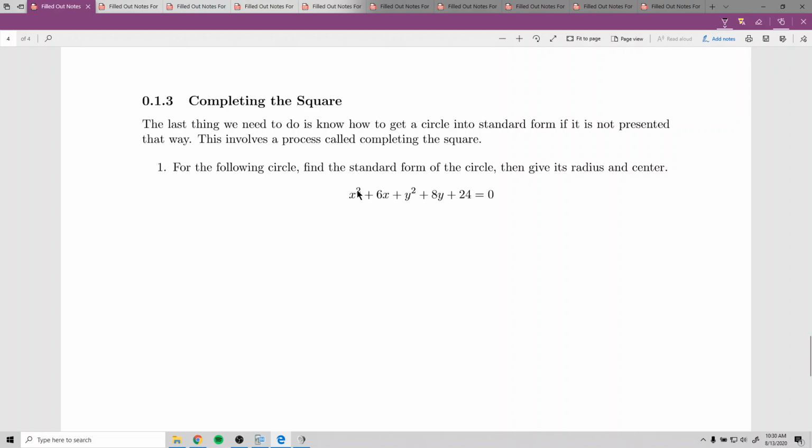And you'll notice what we have here, we have x squared and y squared, but we also have the 6x and 8y. So the idea, this is very important, is how you organize your work when you complete the square. So the first thing I do is whatever doesn't have an x or y with it, x squared or y squared, there's the number here, subtract or add the number to the other side.